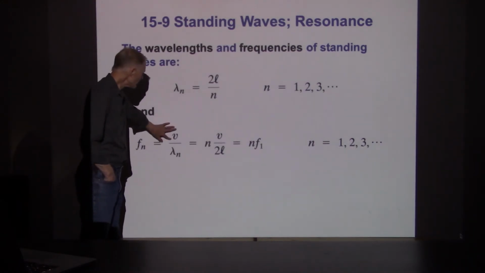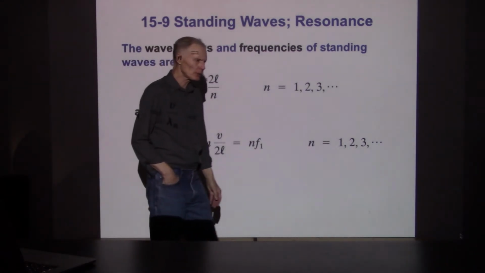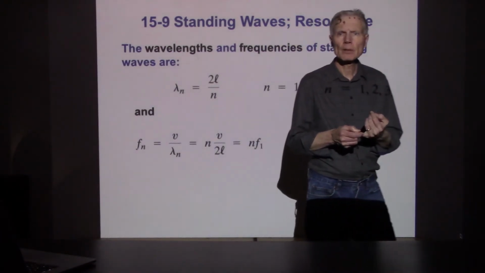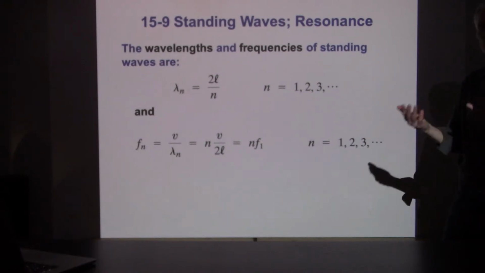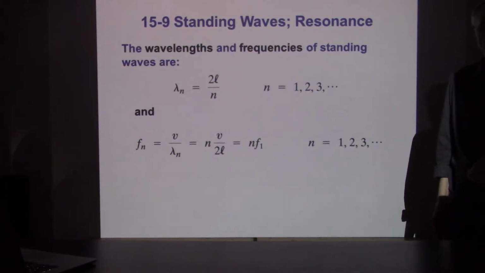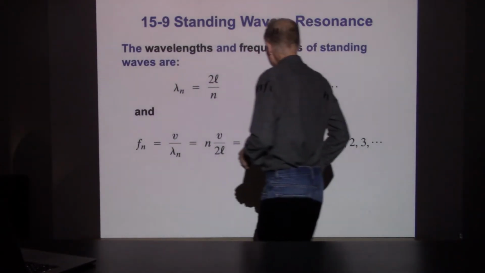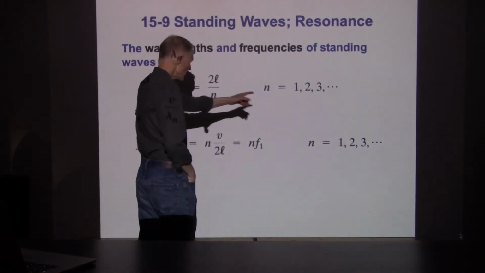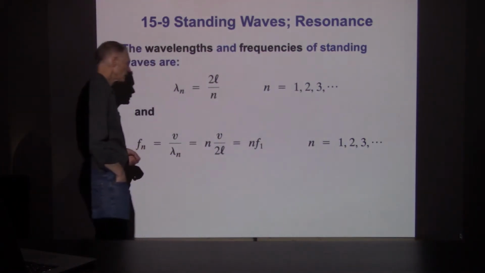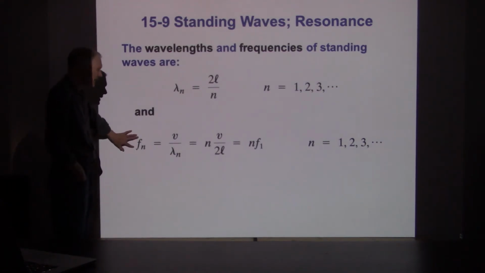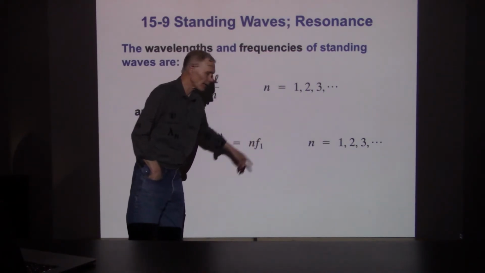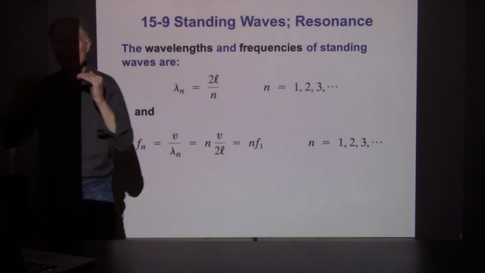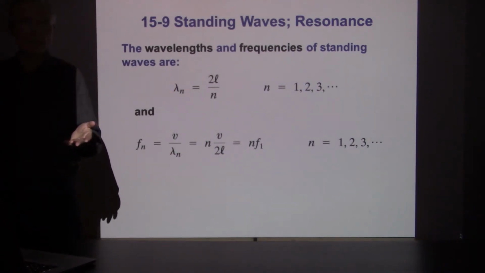Now, the wave speed for this string is going to depend on the tension and on the linear mass density, the things that we've already been looking at. And again, this is going to depend on integer values. So the nth harmonic is going to have a frequency that's n times the first harmonic, or the fundamental. So we get a pattern of frequencies for a string attached.